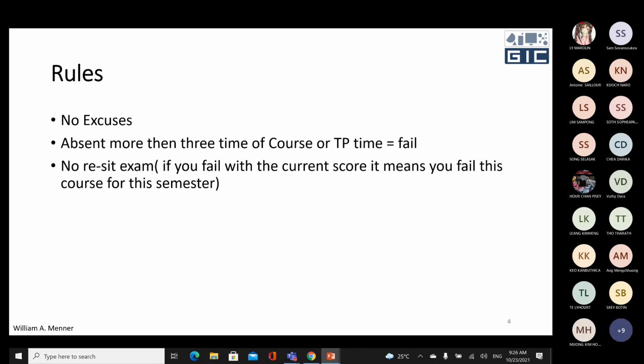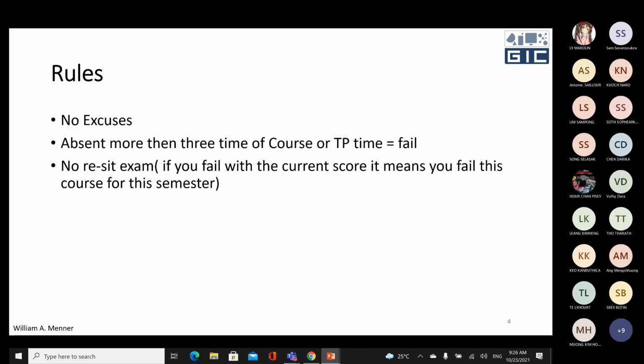So this class we have no such rule anymore. This year for my course, we do not accept that kind of excuse anymore. After that, if you are absent more than 3 times in the course, you will fail automatically in my course. And in my course, I don't want to have a resit exam.